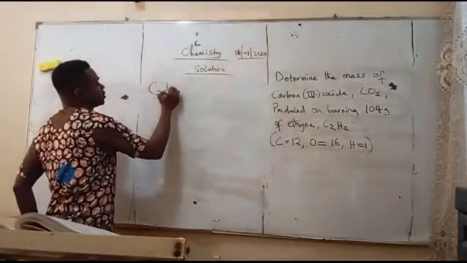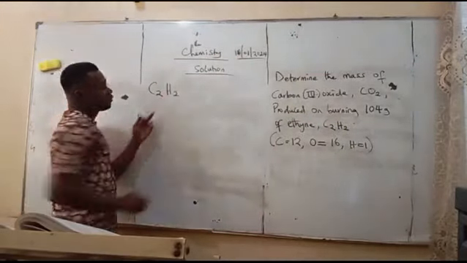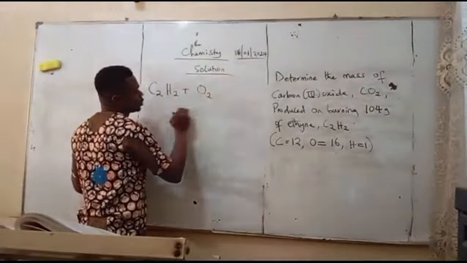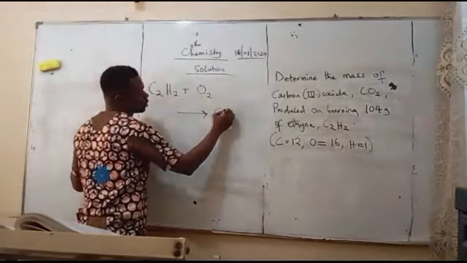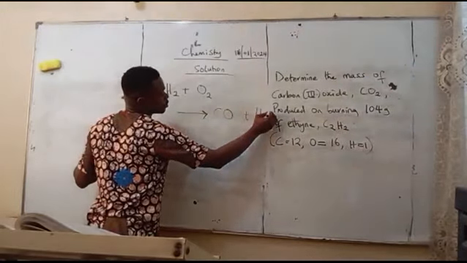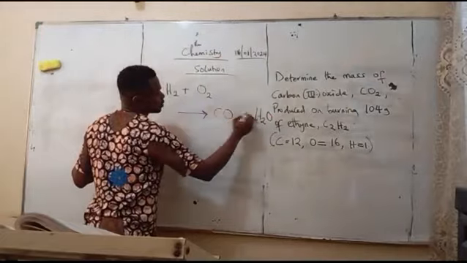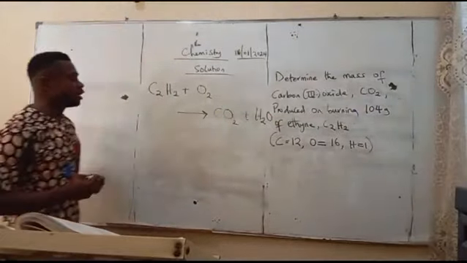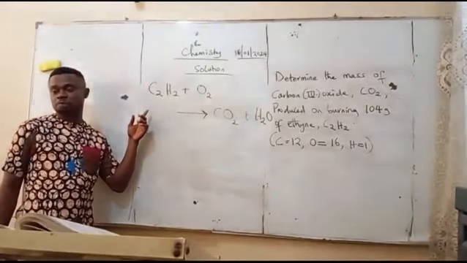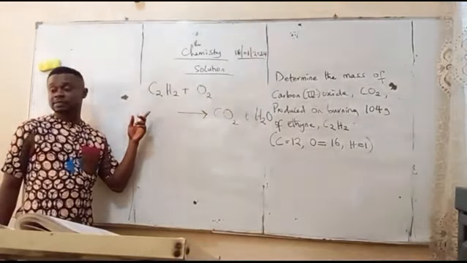We have C2H6, the formula for ethane, plus oxygen, which gives carbon dioxide and water. Is this balanced?